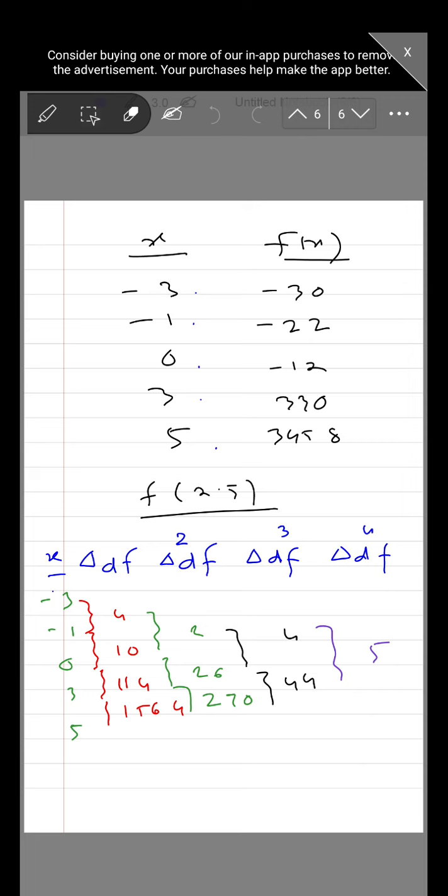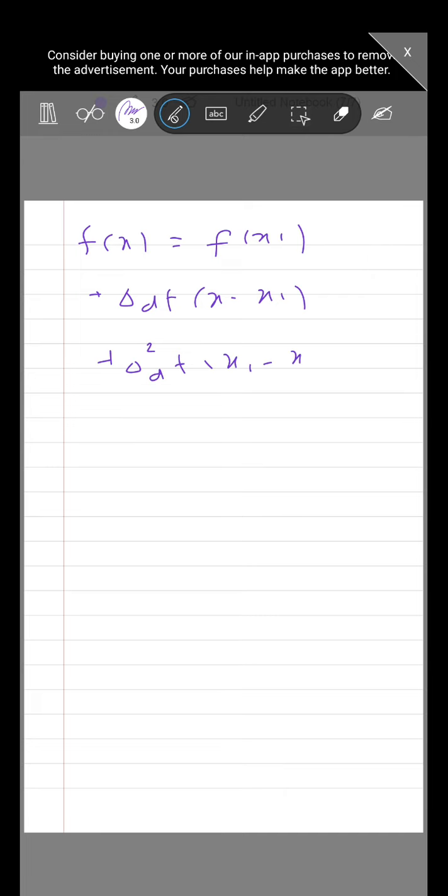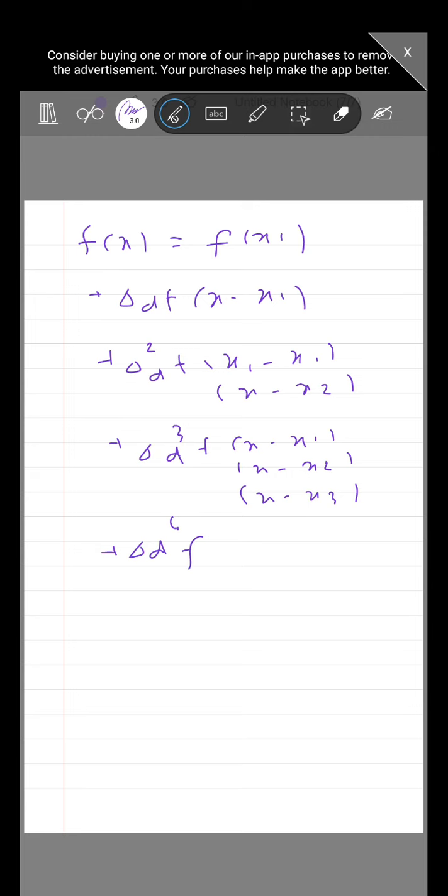So putting this equation into the picture, we now write f(x) as equal to f(x1) plus delta d f (x minus x1), plus delta d square f (x minus x1)(x minus x2), plus delta d3 f (x minus x1)(x minus x2)(x minus x3), and delta d4 f (x minus x1)(x minus x2)(x minus x3)(x minus x4).